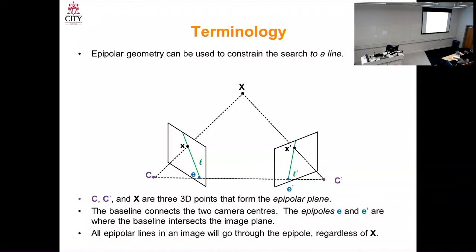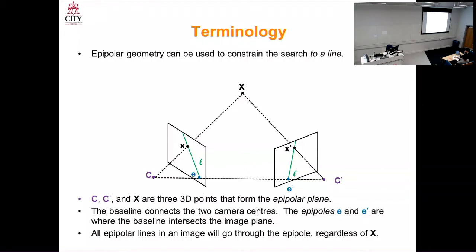And then we have epipoles. Epipoles are these little points E and E prime, which explain where the center of projection projects into the other plane. Okay, so my point C in the left image is projecting to this point E prime in my right image. And likewise, C prime is projecting E in the left image.